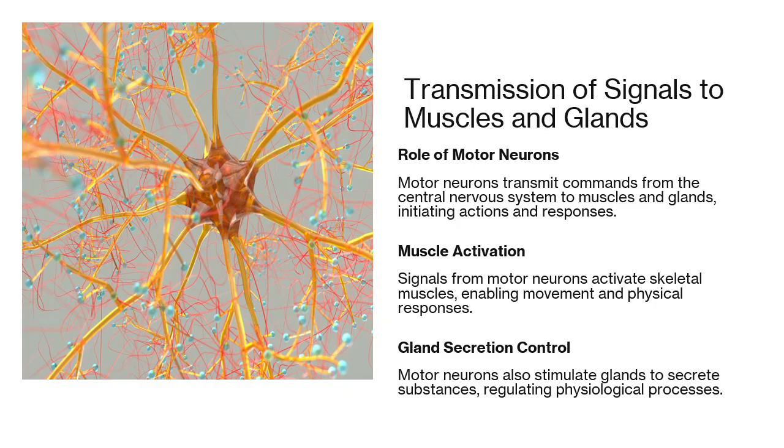If we're talking about it in terms of gland secretion, they're going to stimulate that gland to secrete whatever substance it normally is involved with, and that's going to help regulate a lot of physiological processes.